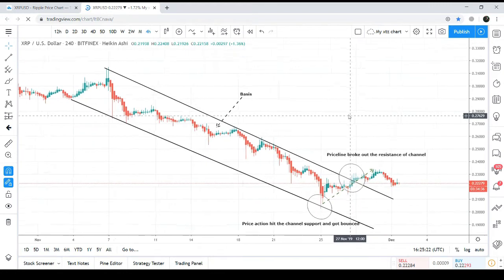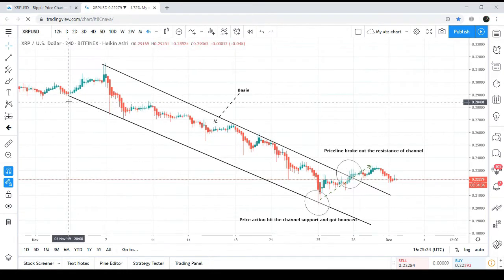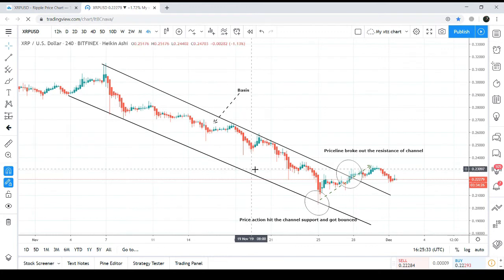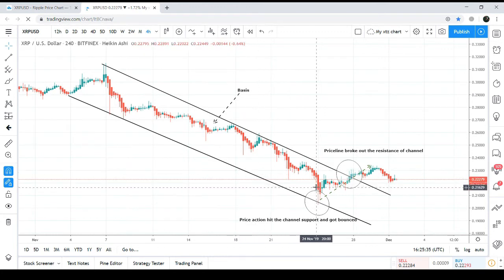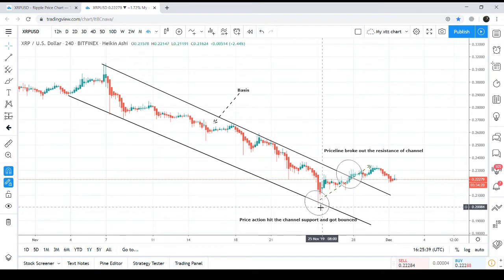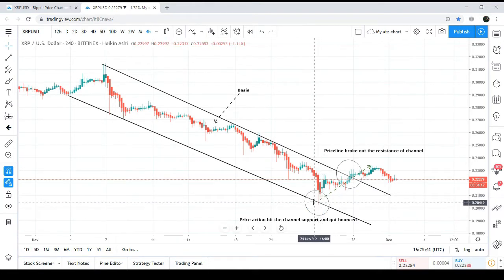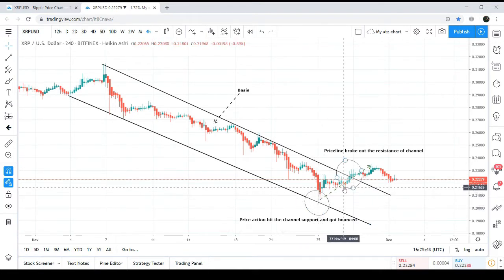Here on the 4-hour chart, the price action started its movement since 3rd of November 2019 in this down channel, and on 25th of November the price action bounced from the support of the channel and broke out the resistance of the channel.